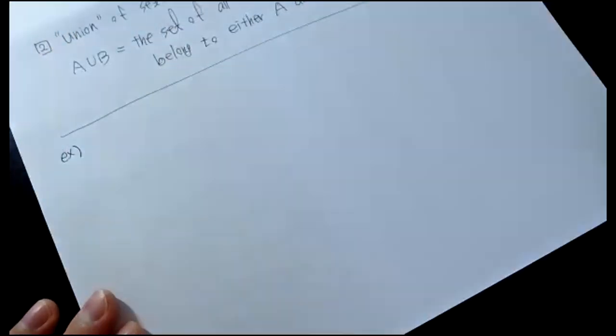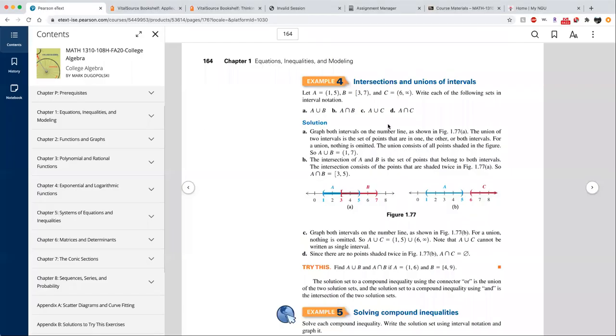Okay. So first, let's see an example in the textbook. That's example 4 in the textbook, page 164. Let me show the problem. Right here, example 4, intersections and unions of intervals.